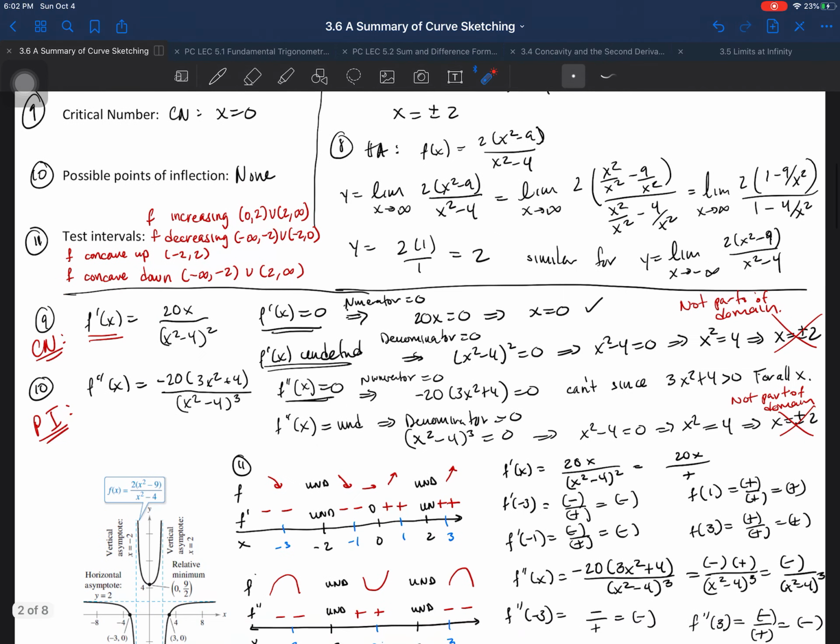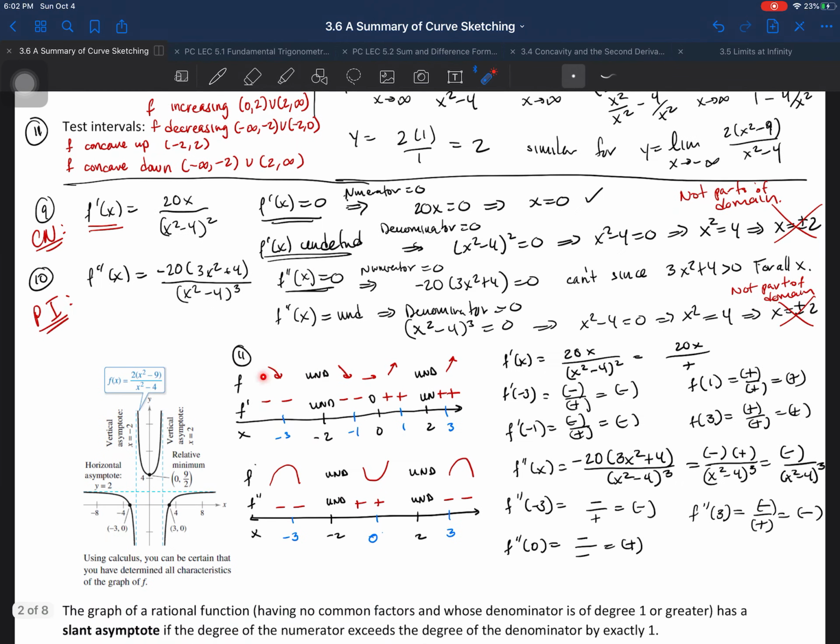Okay, what about testing the intervals for which f is increasing and decreasing? We're going to have to make a number line for this. So here's my number line for increasing and decreasing. I use my critical number, x equals 0, but I also use the numbers that made the denominator 0.